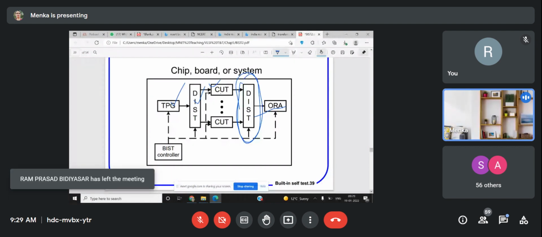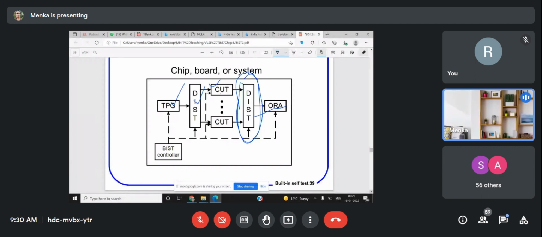Now the question may arise how it is different from the previous one. The previous one was the online BIST architecture. In the online BIST architecture, you have the TPG, after that the CUT, after that the ORA, so all three units were there.